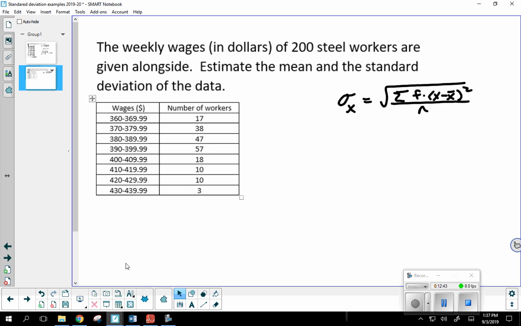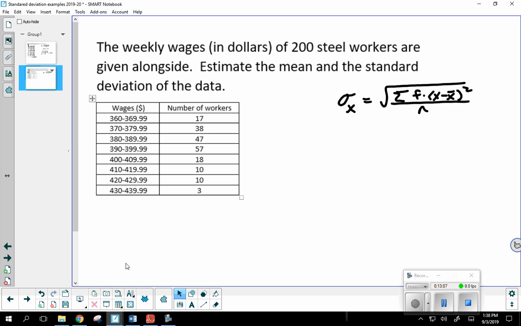What's the key to the class interval if I want the mean or the standard deviation? I want the midpoint. So what would be the midpoint between 360 and 369.99? 364.995.